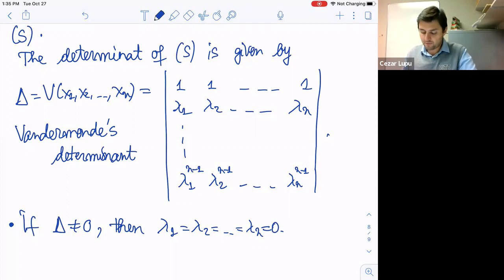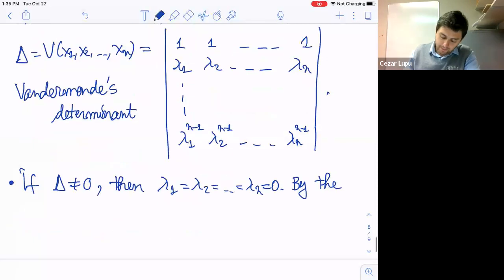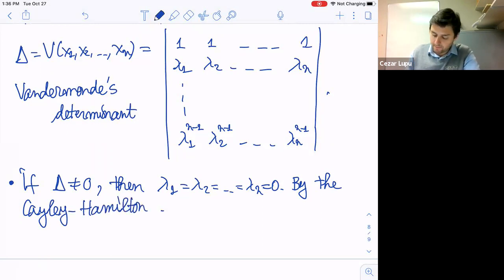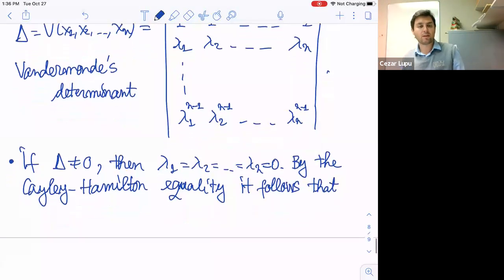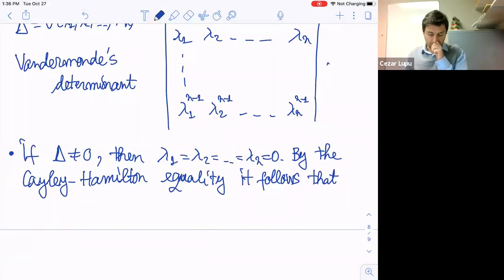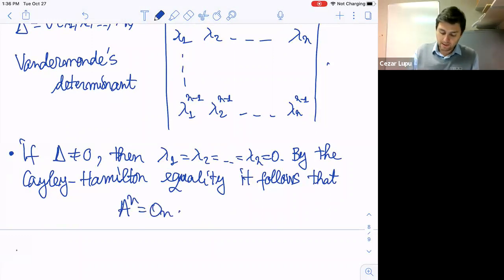And clearly, by the Cayley-Hamilton equality, it follows that a to the power n is 0, which is exactly what we want. But now let's see what happens if the determinant is 0.